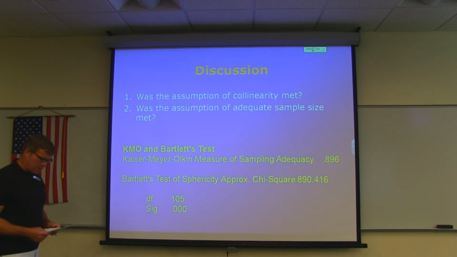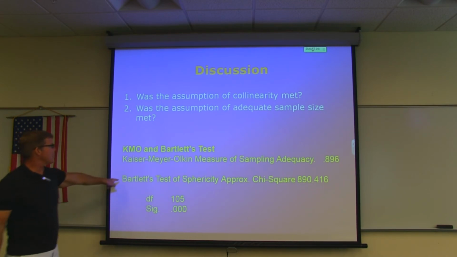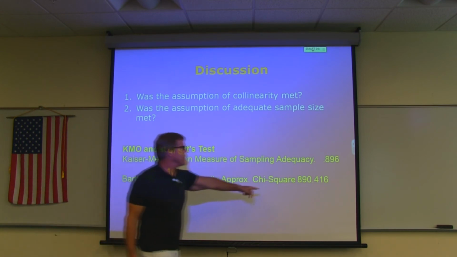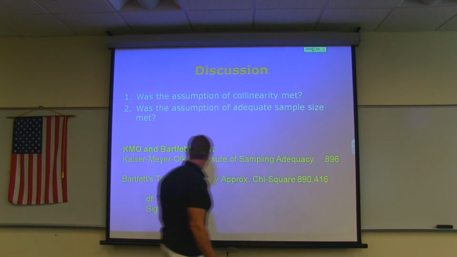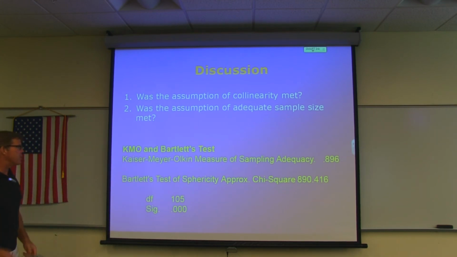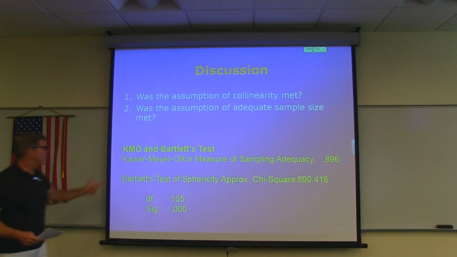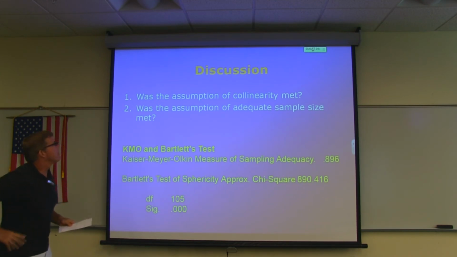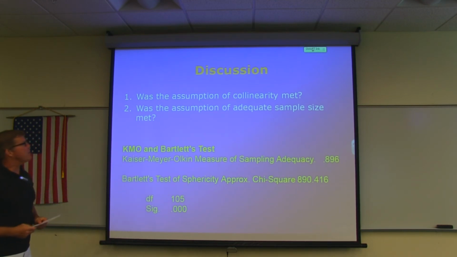Was the assumption of collinearity met? Well, let's take a look at Bartlett's test of sphericity. Again, we have another enormous chi-square with p less than 0.05. We have a significant chi-square here. So this assumption was satisfied. We have a collinear situation here. Was the assumption of adequate sample size met?